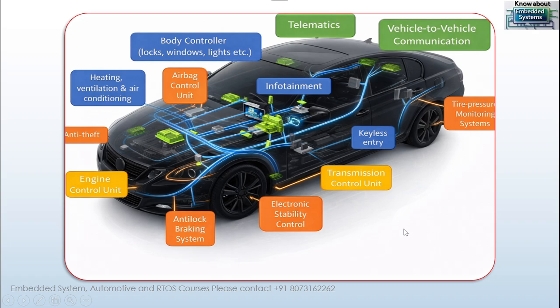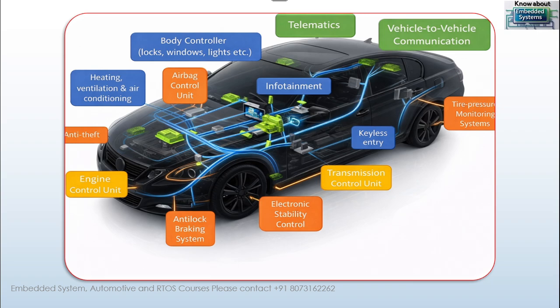So guys, if you consider any vehicles, especially our modern cars and top-end cars such as your Volvo, Benz, Audi, Toyota and a Ferrari and so on, you will find more than 20 to 30 different ECUs in the vehicle.